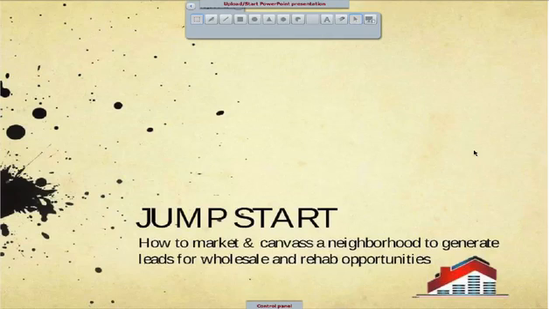So, we're going to talk today about a few different topics. One of the things that we're going to talk about is canvassing the neighborhood and breaking that whole piece down, and exactly everything that you need to do to be really effective in how you go about going after a particular neighborhood.